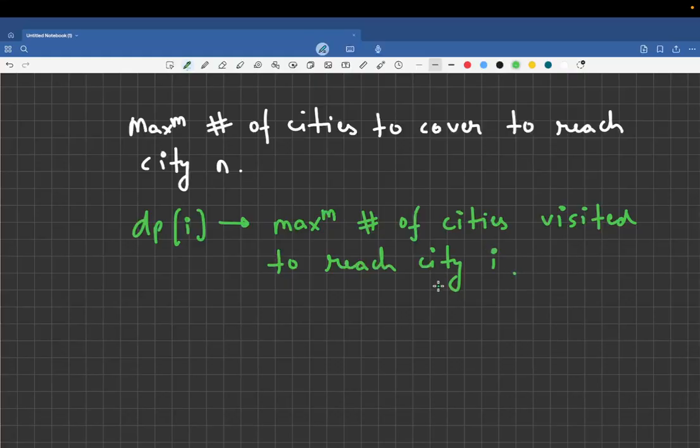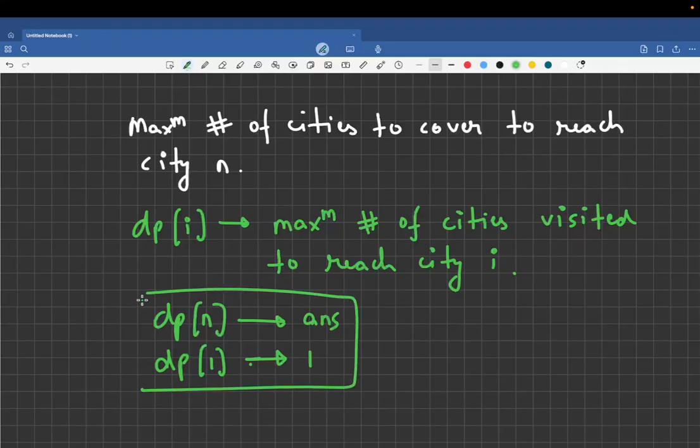If I define a DP something like this, such that dp of i means the maximum number of cities visited to reach city i, can I say dp of n will be my answer? Right? And I can also say that dp of 1 will be 1.